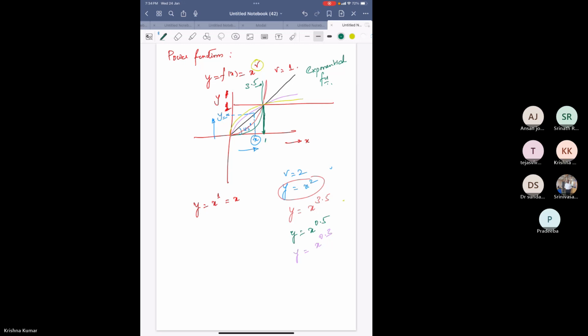One. So when x is equal to 1, whatever be the r value, y is equal to 1. 1 power 1 is 1. 1 squared is 1. So all these curves hit that point.